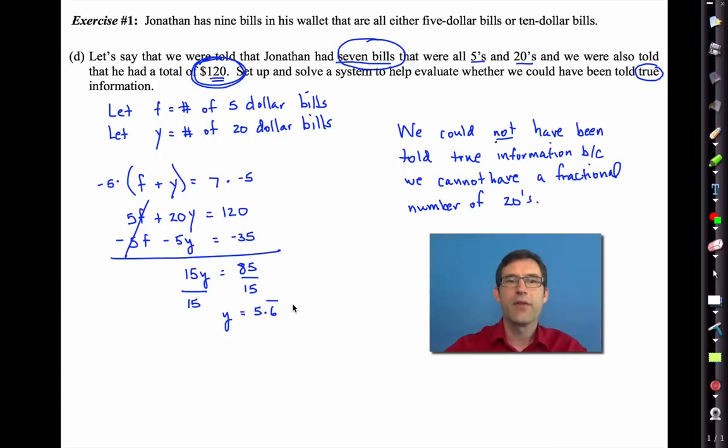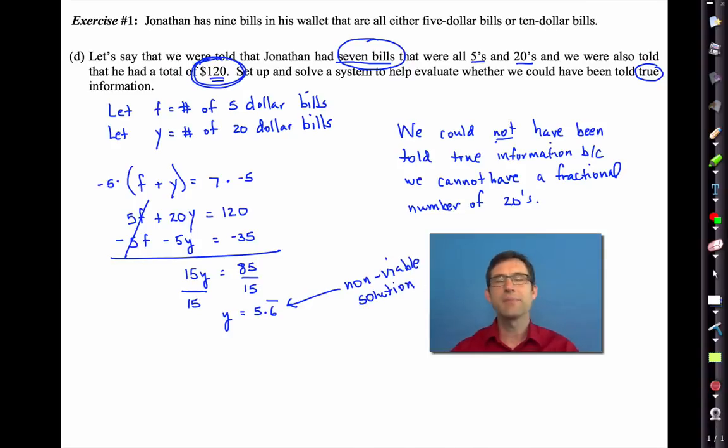All right. In other words, this is what we call a non-viable solution. There's absolutely no way you can have 5.6 repeated, even if it weren't repeated.